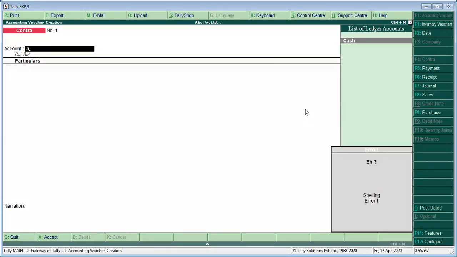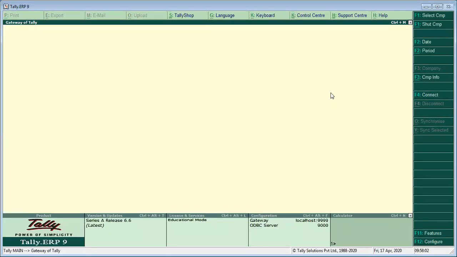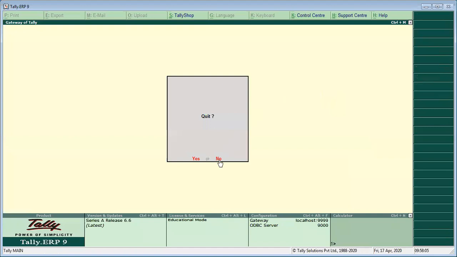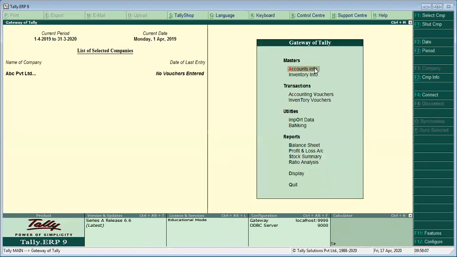Bank account. Okay, still you have not created the ledger. Suppose if you have not created a ledger, it appears as a spelling error. Okay, first create a ledger.